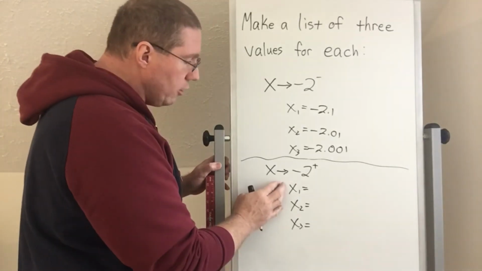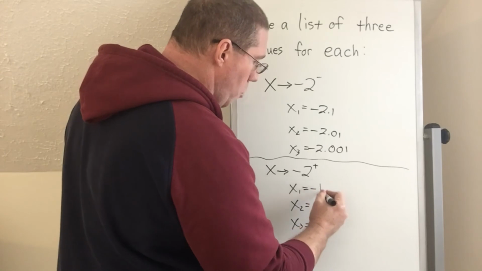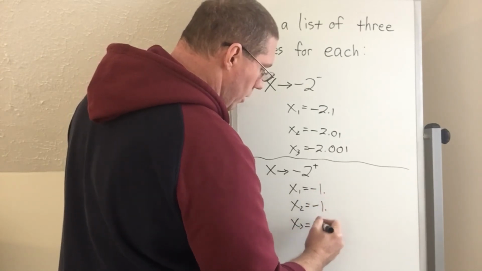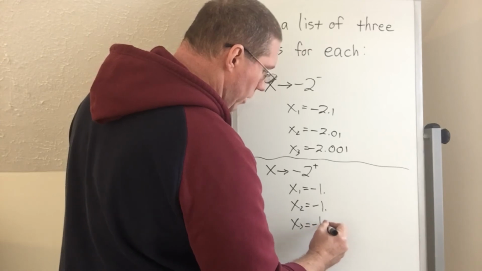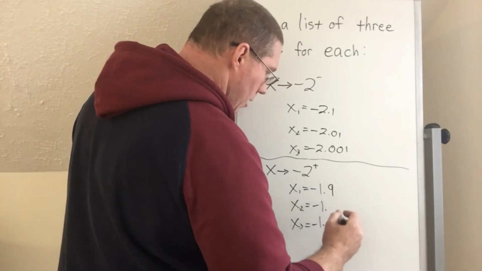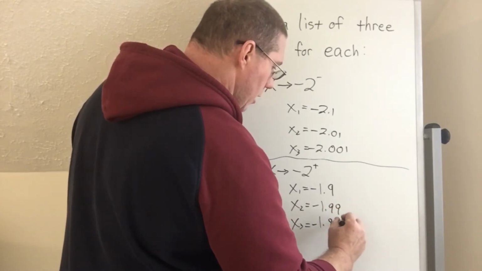Now on the larger side of negative 2, here's where we're going to have our negative 1.9. Okay, so negative 1 point, and we can have 9, then 9, 9, and then 9, 9, 9.